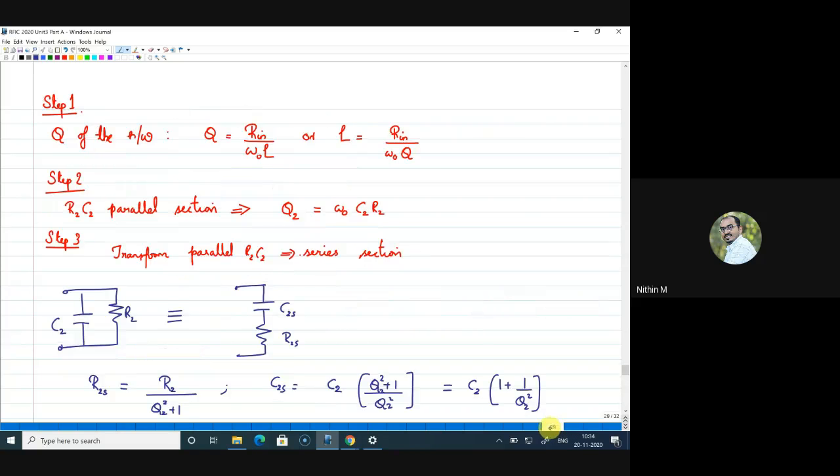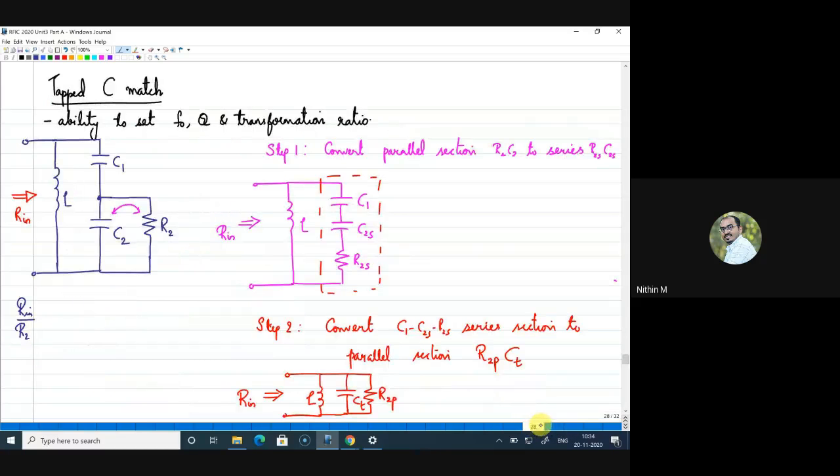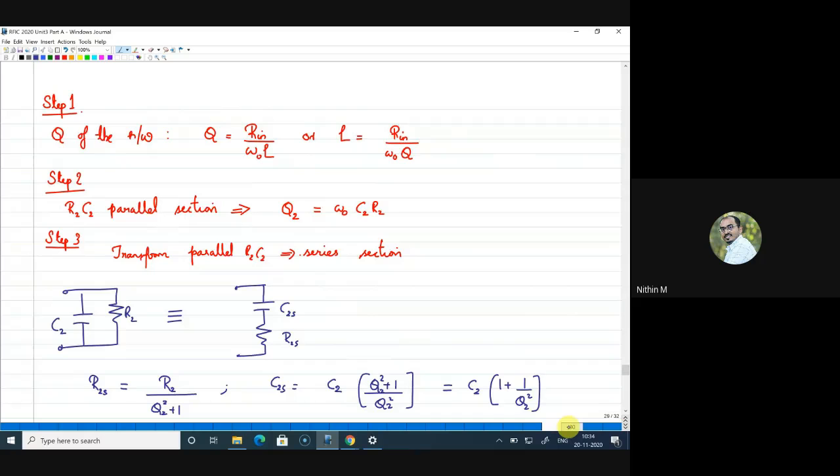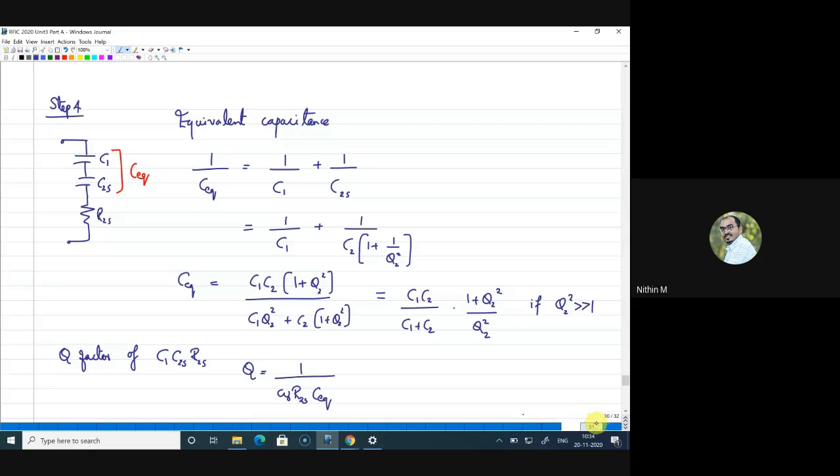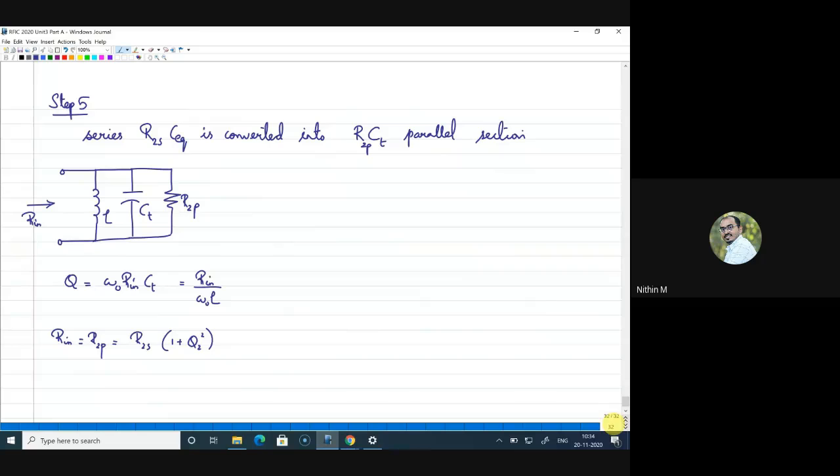Let me check. Okay, now this is the Q we wrote previously, this Q square, right? So Rin is the same as R2P, which is R2S into 1 plus Q square, where we define the Q of the series RC section just before, right?